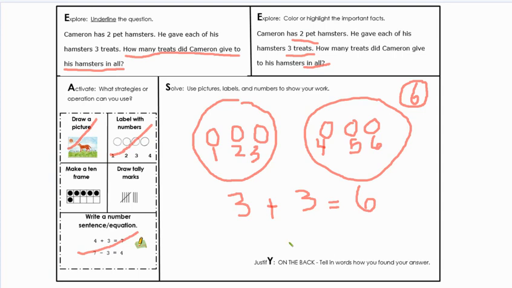Okay? So remember, we don't always have to use all of our strategies, okay? Some strategies are more helpful than others. All right, and now for the last part, we are going to write what we did. We're going to explain our thinking, okay? So you can flip your paper over.